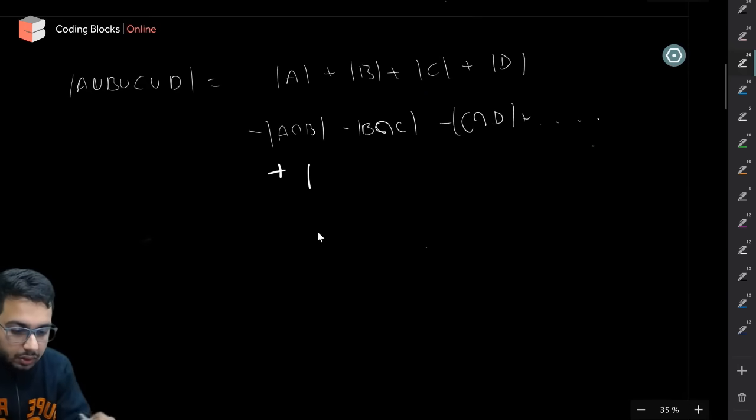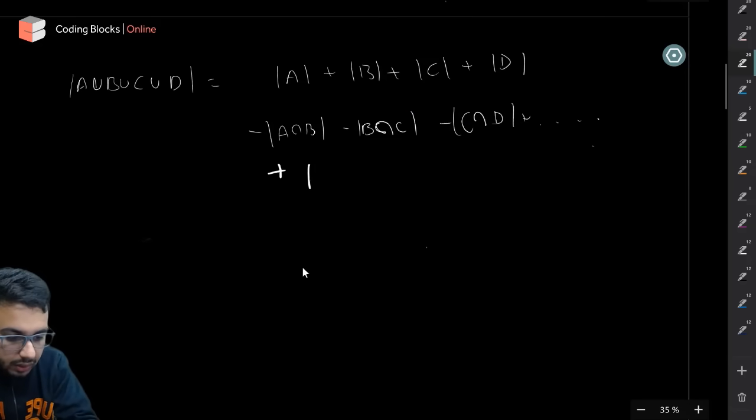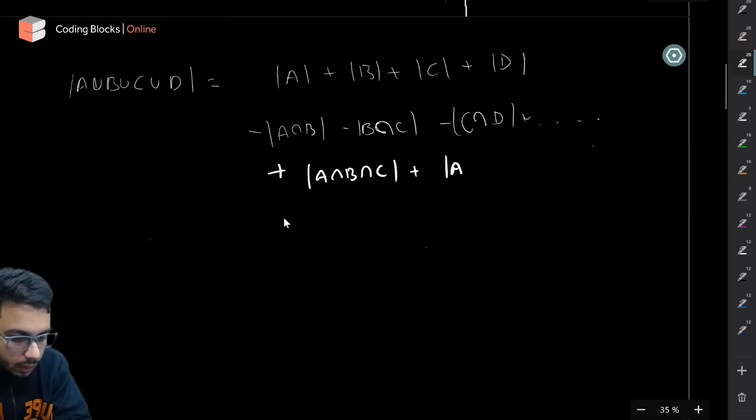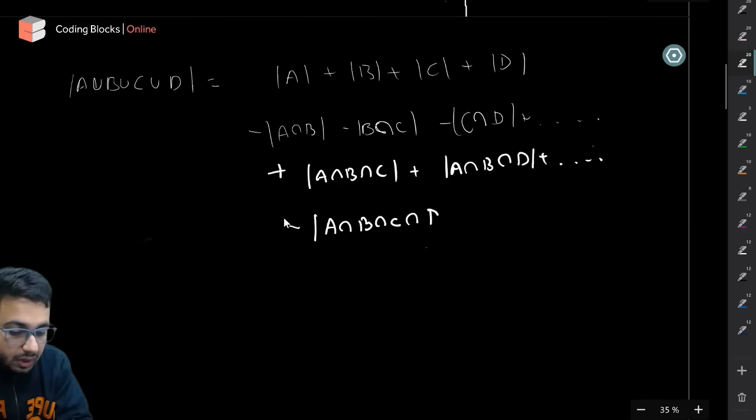Then you will add all those terms in which three sets are occurring, so you will add A intersection B intersection C plus A intersection B intersection D, and so on. And then you are going to subtract all those terms in which the number of sets occurring is four.